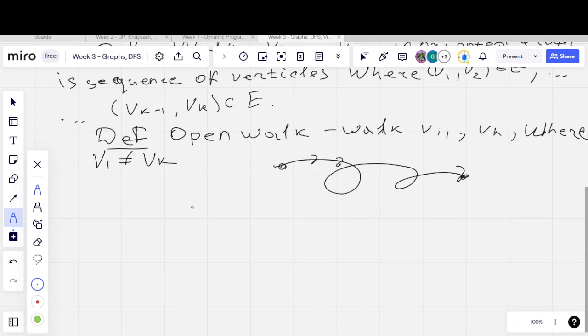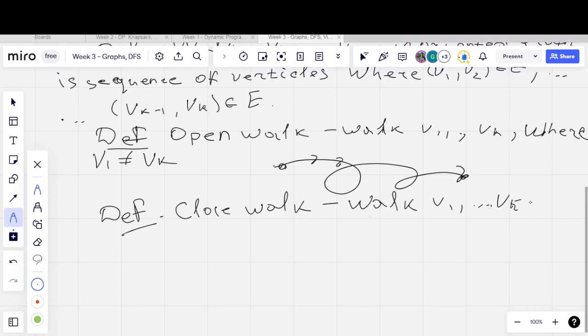And a closed walk is the same walk but where v1 equals vk. So for example, this will be a closed loop in the graph.